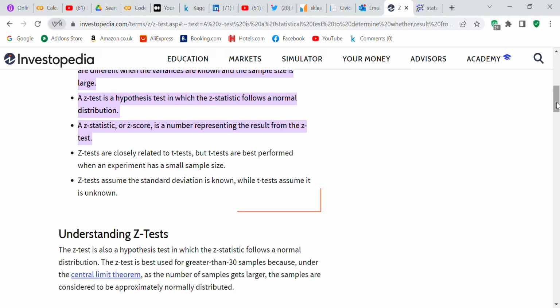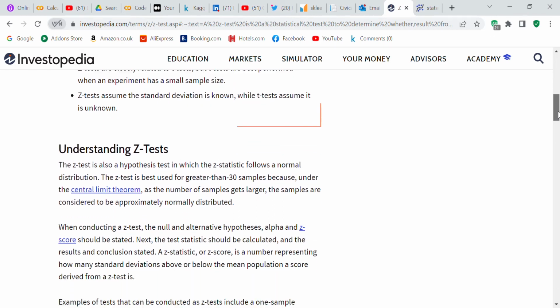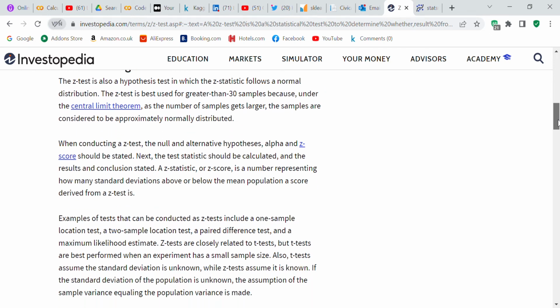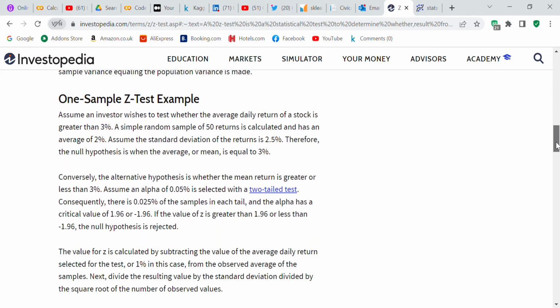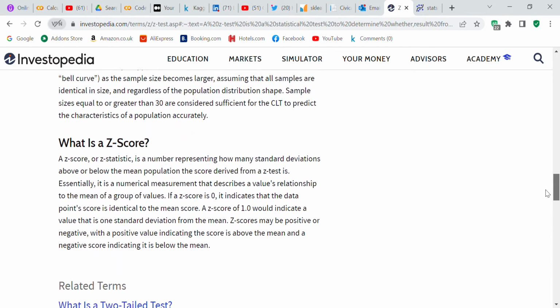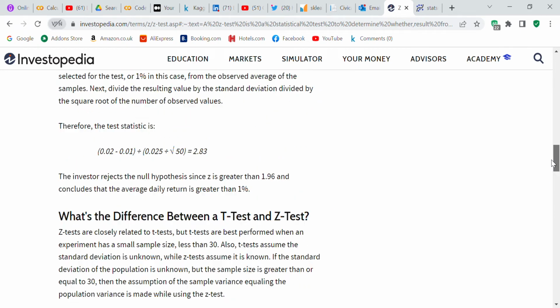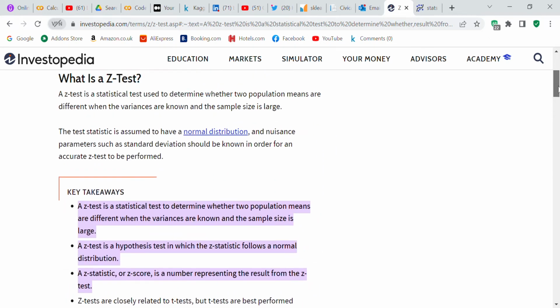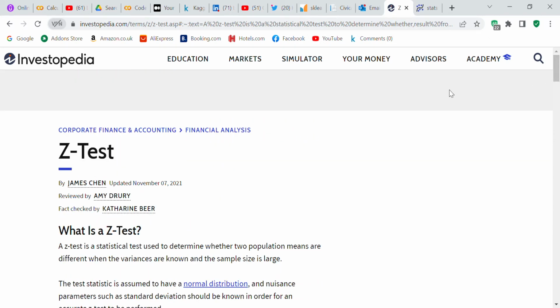Z-tests assume the standard deviation is known, while t-tests assume it is unknown. It gives you a little bit more information about the Z-test that we won't go into, but if you're really interested, you can read it on your own.